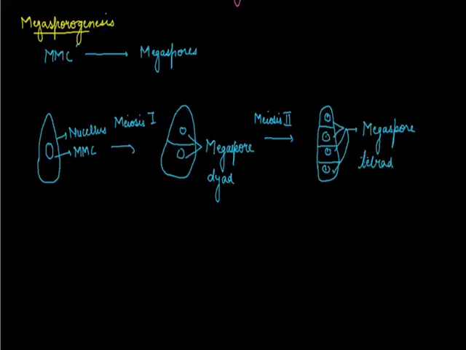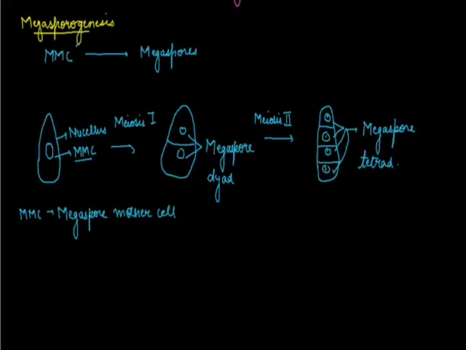Now we again discuss what happens in megasporogenesis. One cell of the nucellus differentiates to form megaspore mother cells. MMC means megaspore mother cell.